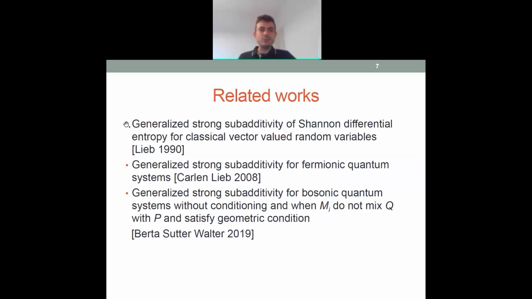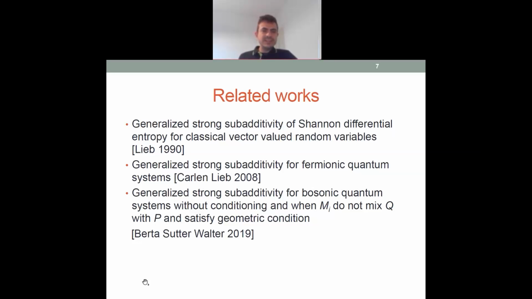First of all, a similar generalization of the strong subadditivity of the classical Shannon differential entropy was proved in the 90s by Elliott Lieb, in the classical case, for classical random variables that take values in real vectors.